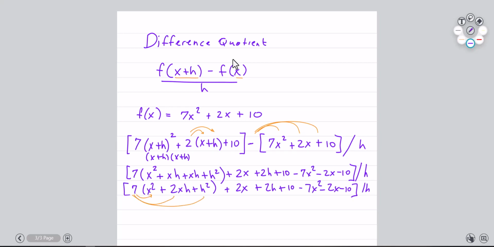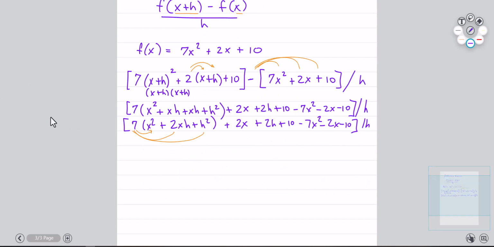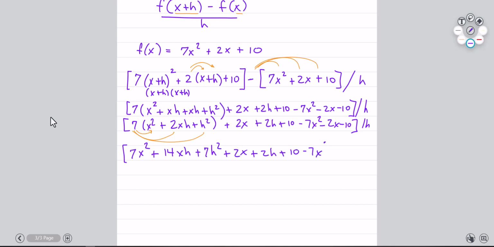This is going to be 7x squared plus 14xh plus 7h squared, and now just bringing everything down, plus 2x plus 2h plus 10 minus 7x squared minus 2x minus 10, all of that over h.